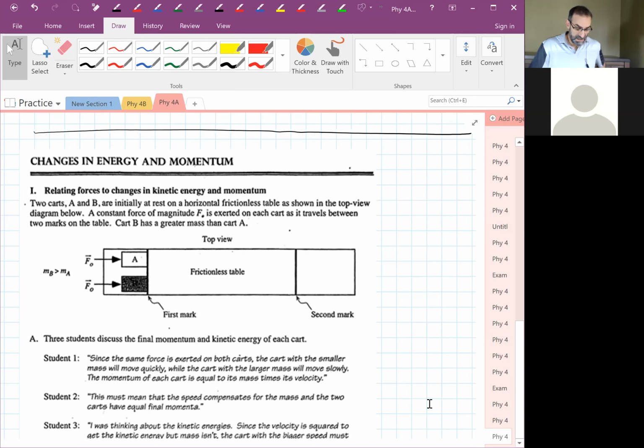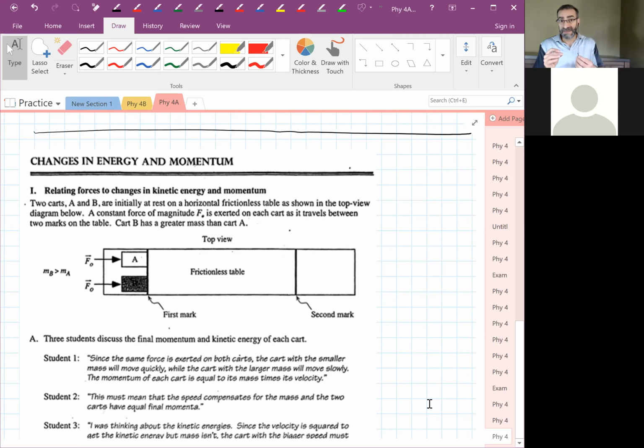This must mean that the speed compensates for the mass and the two carts have equal final momenta. So they're agreeing that the heavier cart is moving more slowly, but they're saying that since momentum is mass times velocity, the bigger cart has more mass, the lighter cart has more velocity.